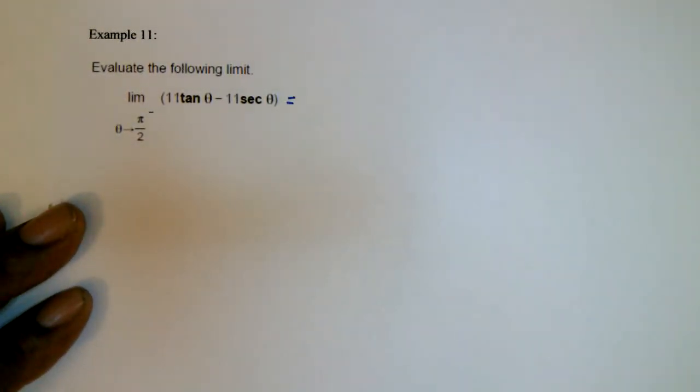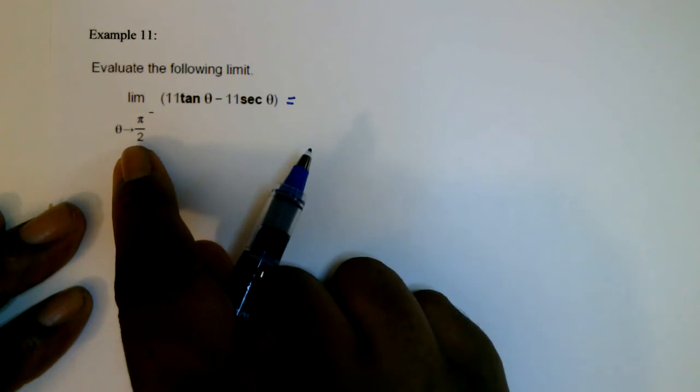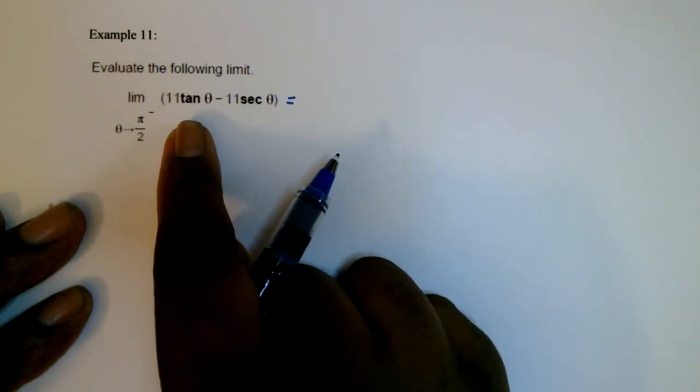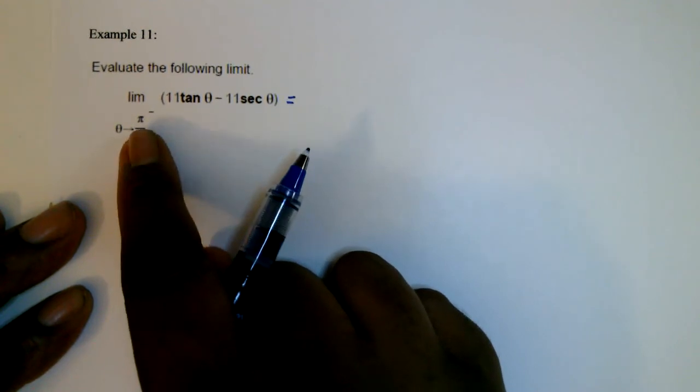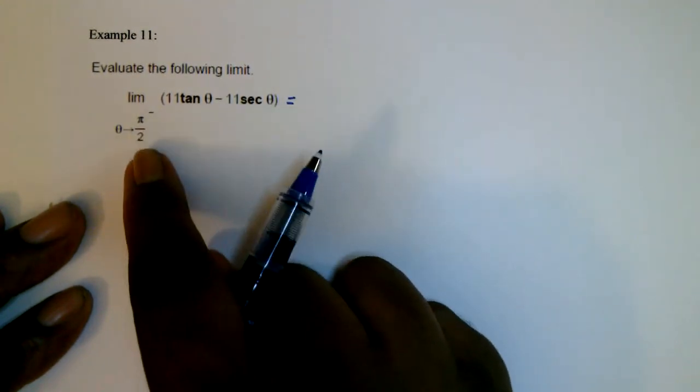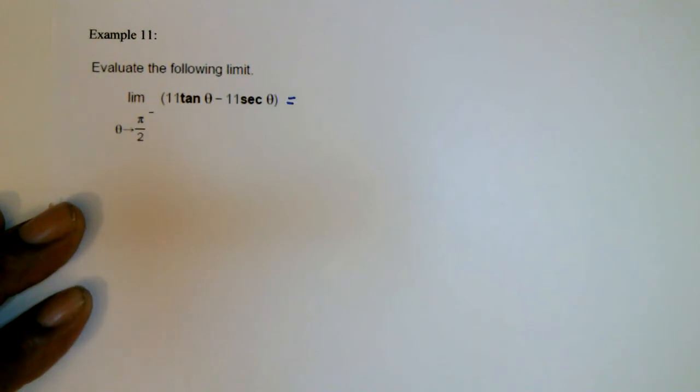In this case here, tangent theta at pi over 2 from the left is going to go to infinity. Secant theta, as we let theta approach pi over 2 from the left, that's also going to go to infinity as well. So I will have a situation of infinity minus infinity. So L'Hopital's rule will need to be used here.